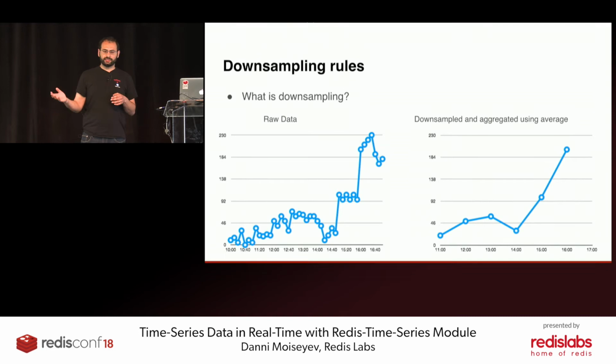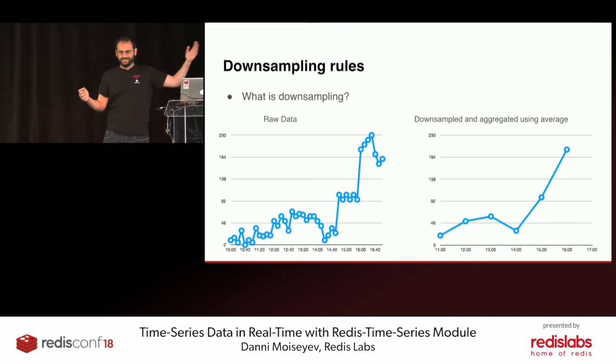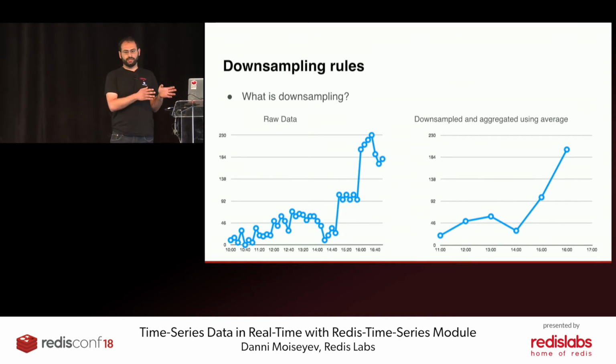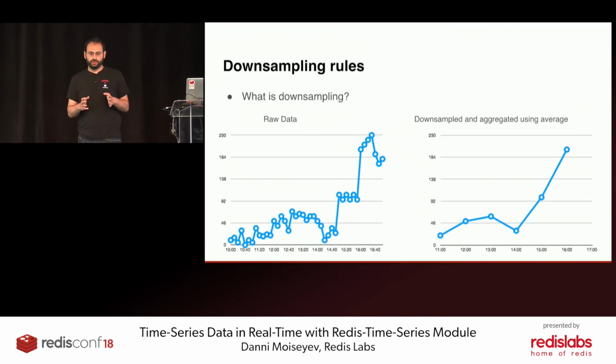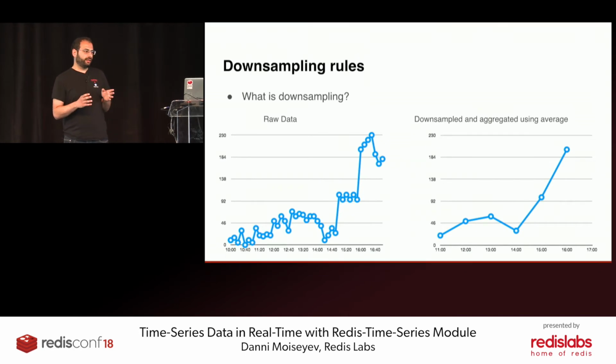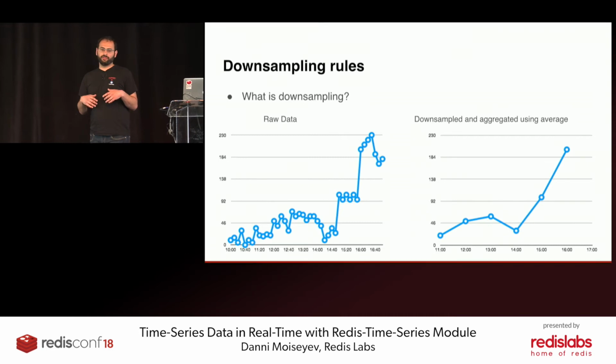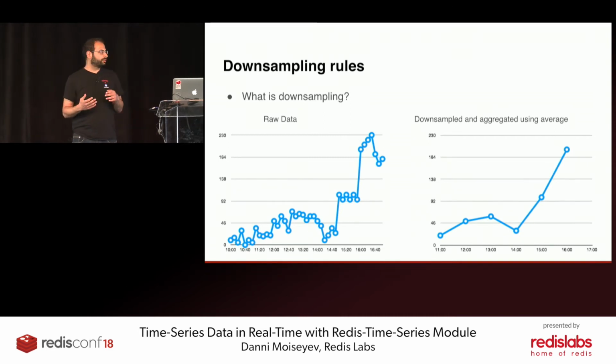On your left side, you will see the downsampled graph. We went from a 10-minute interval to a 1-hour interval. We keep 10x less data, but we still have the majority of the information. You can see that the graph was around 48, and then it went up above 194.